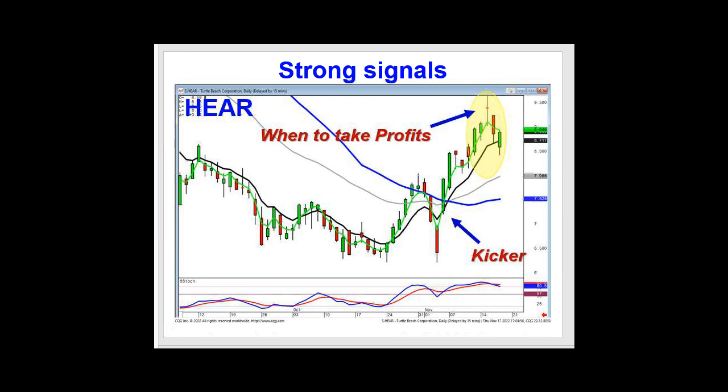It's termed a kicker signal because you can see how investor sentiment has been kicked in the opposite direction. There you go, Darren.